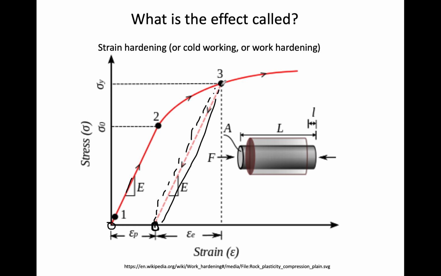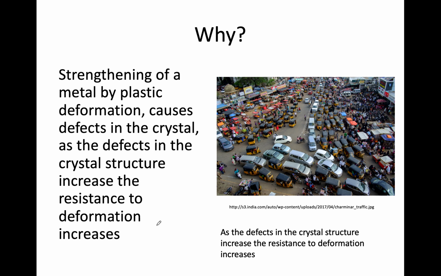So what that means is my new yield strength is at 0.3. This is the effect of strain hardening. When something undergoes plastic deformation, the next time you go to apply stress on that material, you've actually raised the yield strength of the material. This is the effect of strain hardening, also called cold working or work hardening. Those are just synonyms for the term strain hardening.